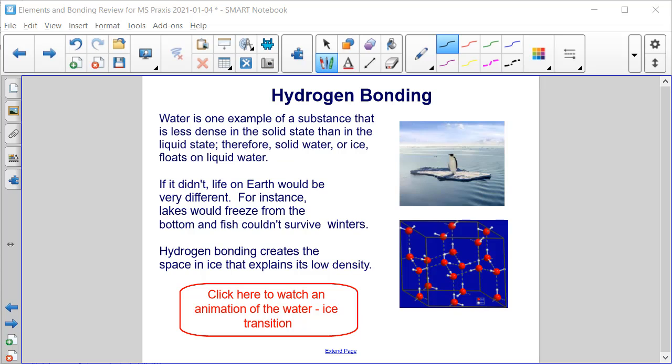It creates space in the ice, with the molecules spread out, making them less dense than the liquid water. And again, if you're watching from a PDF or have access to it, you can click here to watch the animation of the water-ice transition, which just demonstrates those water molecules spreading apart to be less densely packed in ice than they are in liquid water.